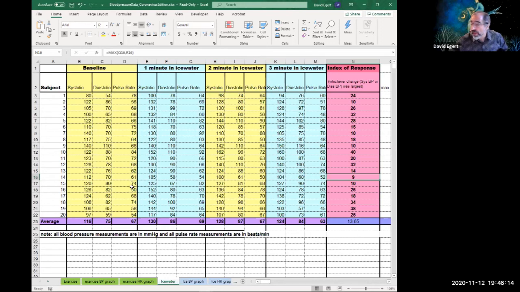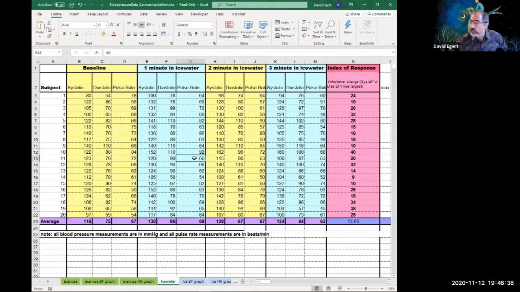If we look at another person, this person went from less than 60 to 65. Then this, I don't actually trust that. This one went from 54 to 64. This one went from 64 and stayed almost the same. This one went up 10.